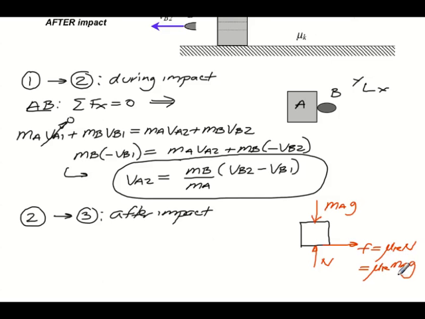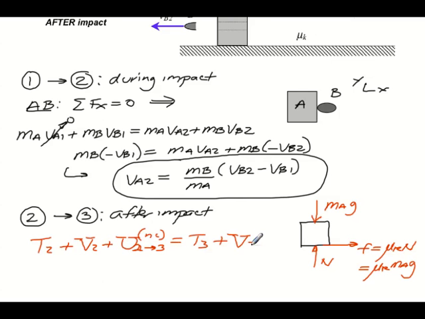So here is where I'm going to use the work energy equation, because that's a good one to use, because it relates the distance traveled back to the change in energy. So if I write down T2 plus V2 plus the work done from 2 to 3, non-conservative, is equal to T3 plus V3.